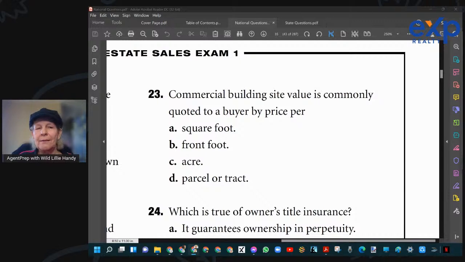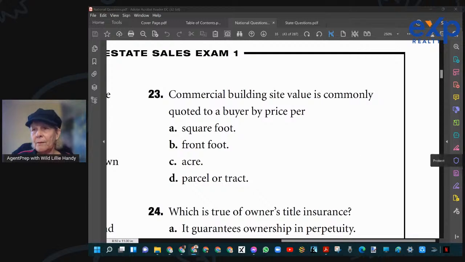Okay, so number 23 is A. It is price per square foot. So when you start doing business, you're going to see on the MLS, they'll have price per square foot. If you see on Zillow, Trulia, Realtor.com, anywhere, residential property and commercial, you'll see price per square foot.